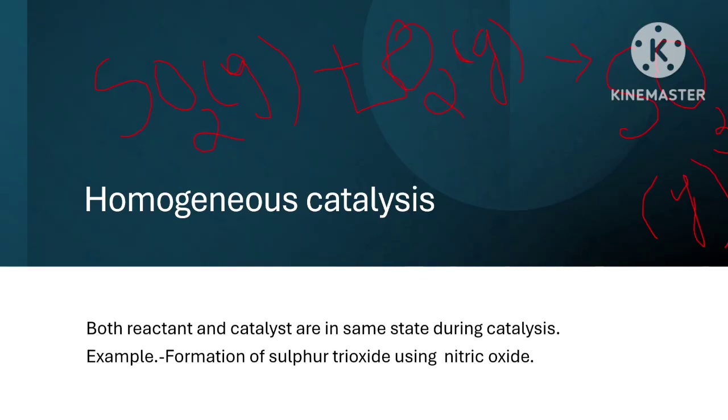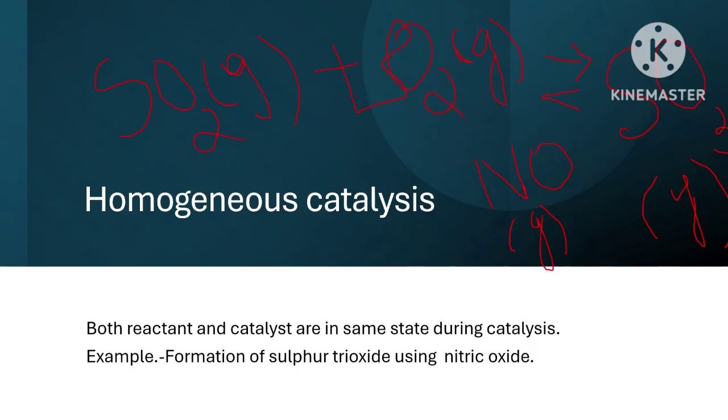Here is a reversible one. Here I have used nitric oxide as a catalyst. Okay, nitric oxide is also in gaseous form. Here the reactants sulfur dioxide and oxygen are in gaseous form, right? And also the catalyst nitric oxide is in gaseous form.